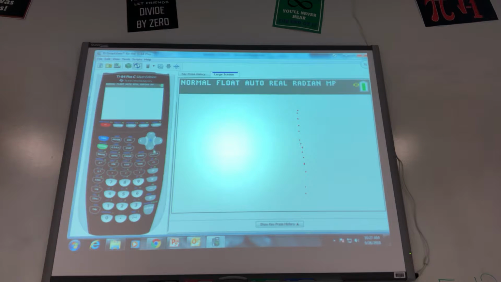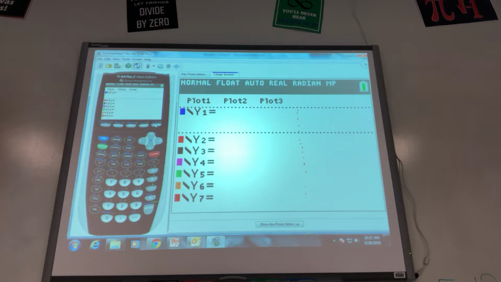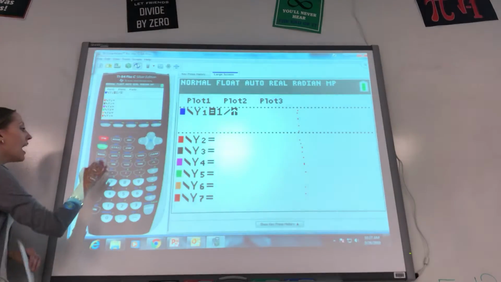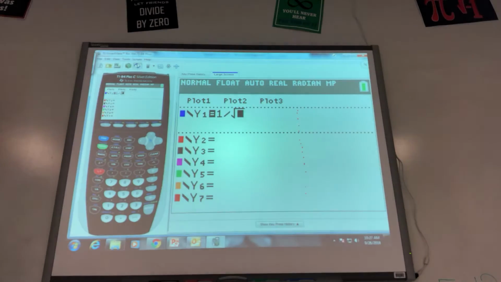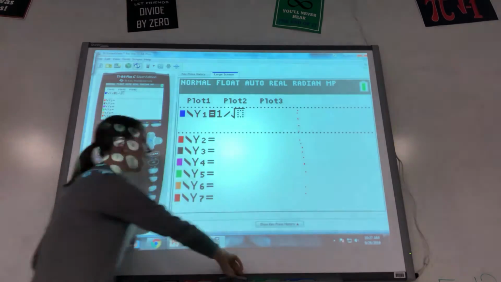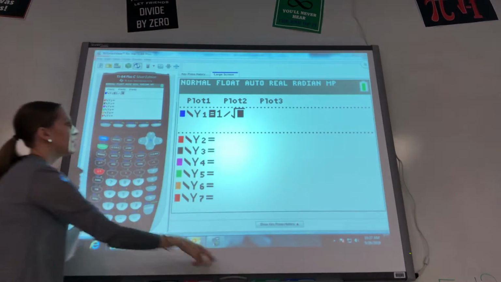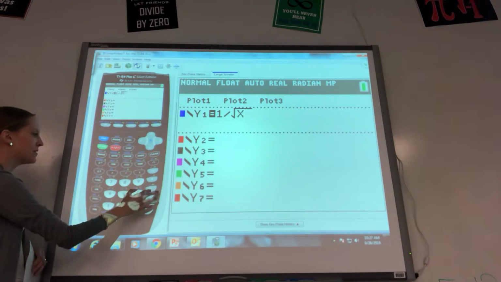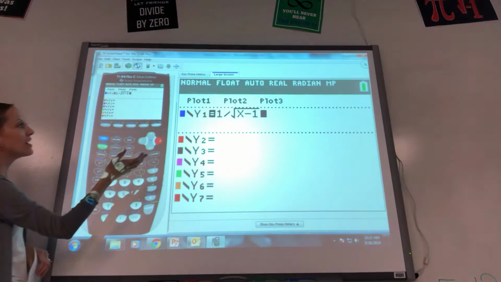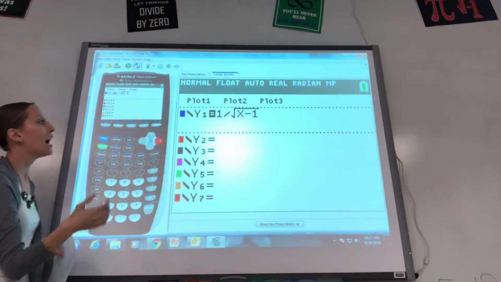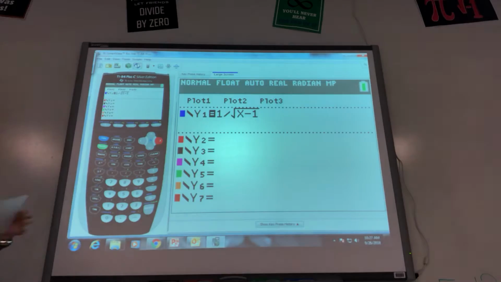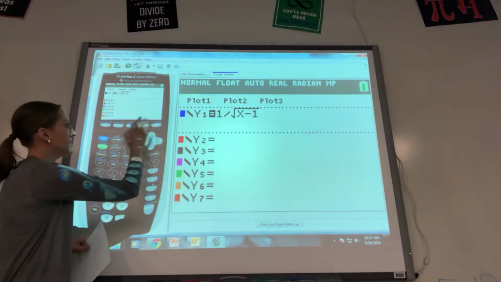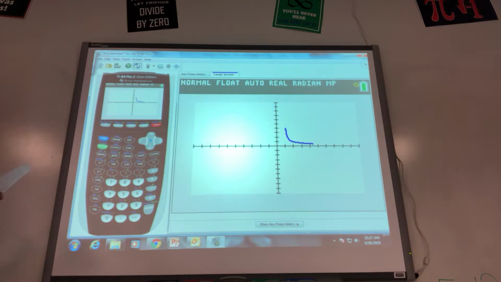Now, back to our graphing calculator. 1 divided by a square root symbol is kind of like a grouping symbol, so you probably don't have to put parentheses around it. It was x minus 1. So doing it like that should be fine. If you have an 83 or something different, you might have some parentheses there that you can end. But this should be good enough for our graph.